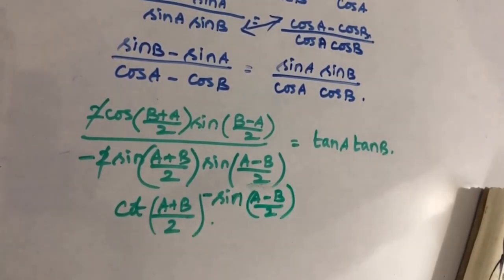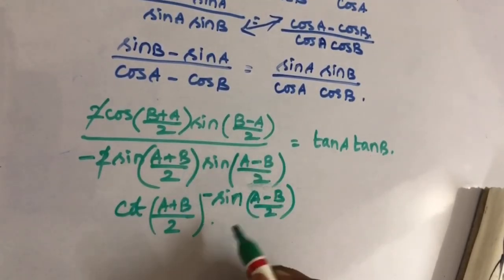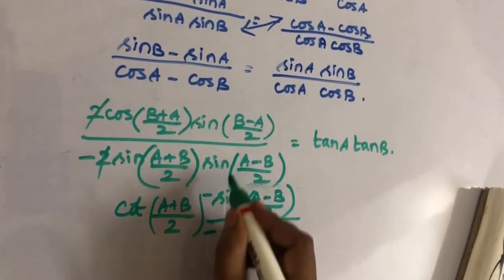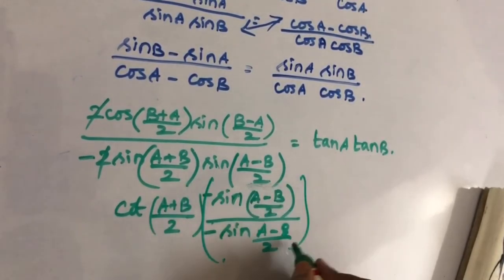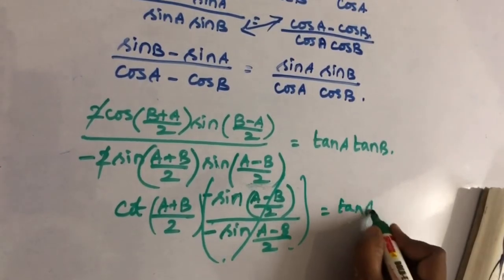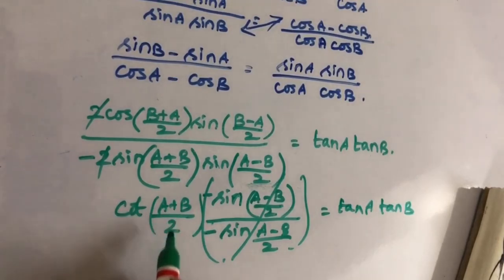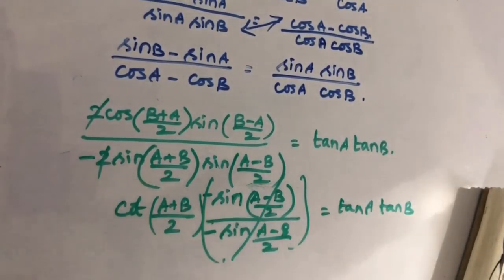Sin is an odd function. So I take a minus outside and write it as sin (A minus B) by 2. Already here we have a minus. So minus sin (A minus B) by 2. Okay, so this term will get cancelled. That is equal to tan A tan B. So cot (A plus B) by 2 is equal to tan A into tan B. That's what we have to prove.